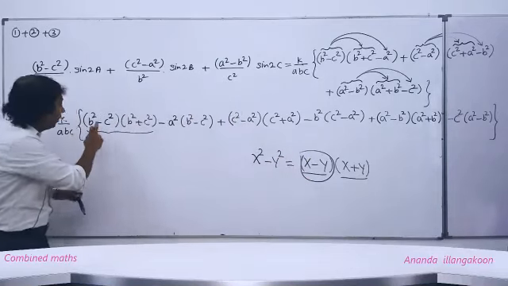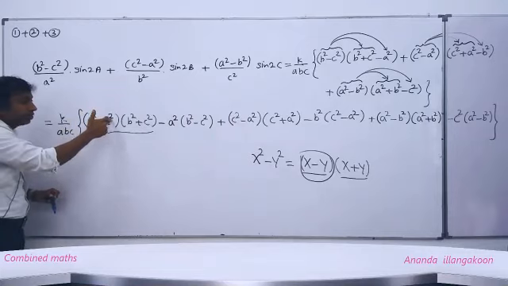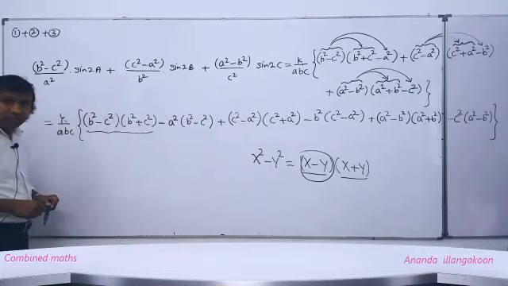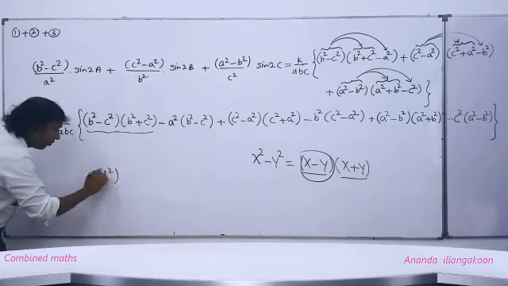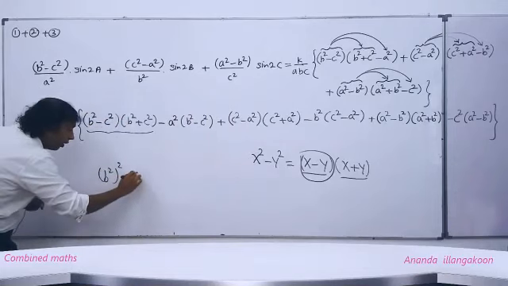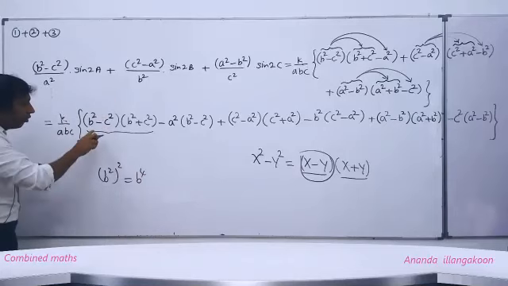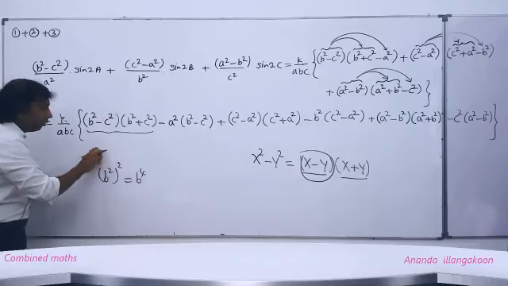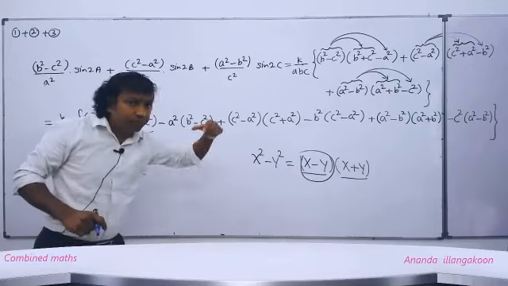Like that, here b squared minus c squared. b squared means this one. 2 and 2 when you multiply, we get b to the 4, c to the 4. Then for the product, we get b to the 4 minus c to the 4. Is it clear?